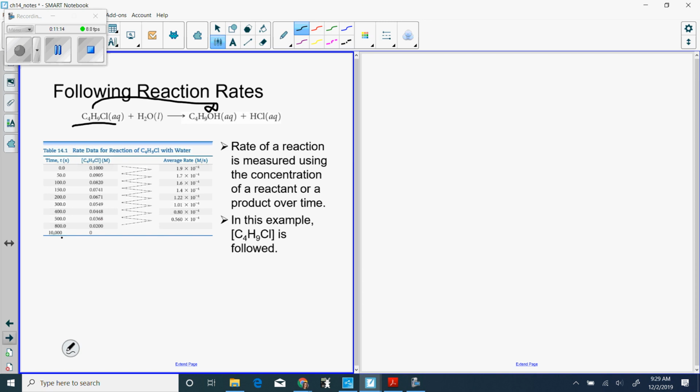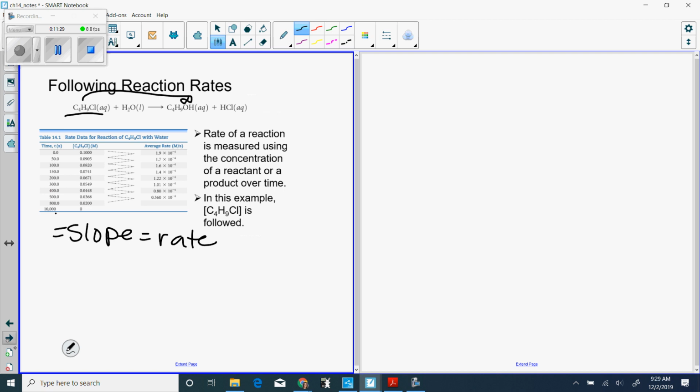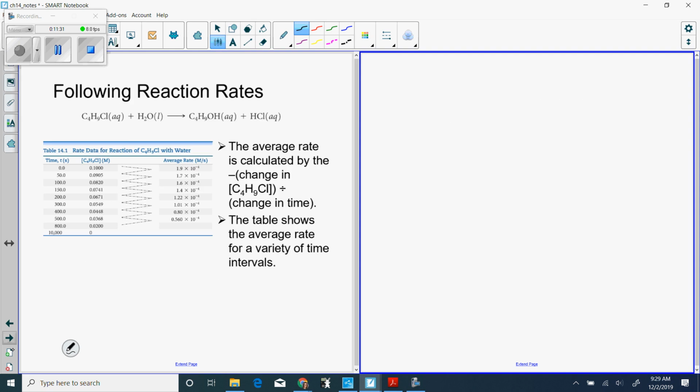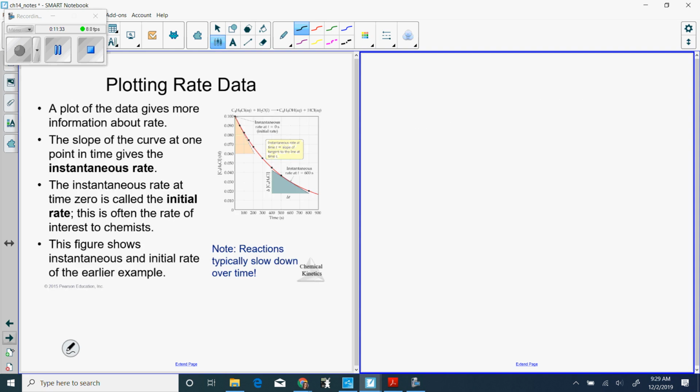Basically, I'm just taking my slope, y2 minus y1 over x2 minus x1, to get the rate. Just my change in concentration over change in time. We can do it a few different ways. We can take the average, or we can take it instantaneous. So let's find this and just redraw this graph.